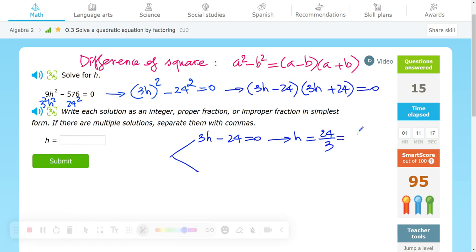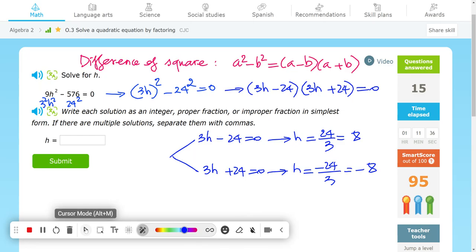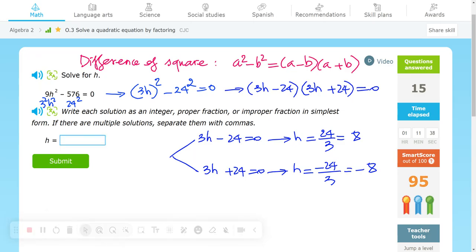Simplify, it comes out 8. And the next one should be 3h plus 24 equals 0, so h equals negative 24 over 3, which is negative 8. So 2 answers right there: 8, comma, negative 8.